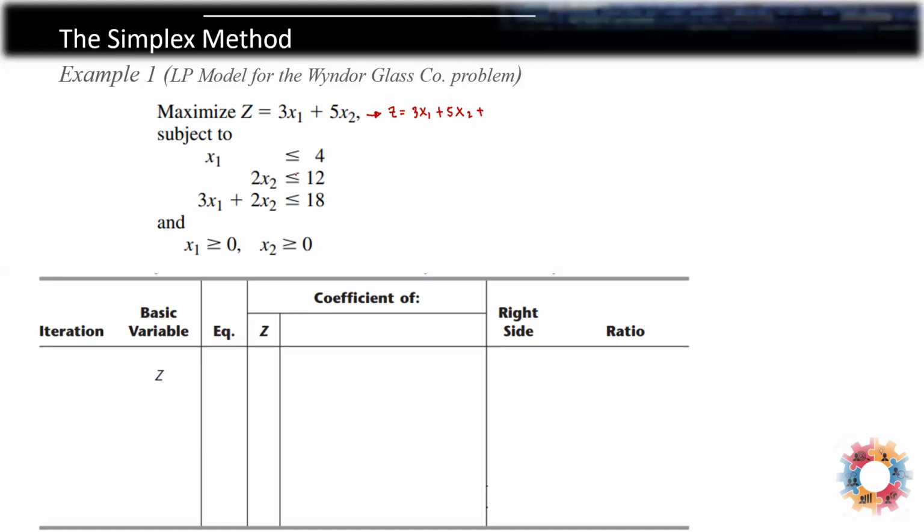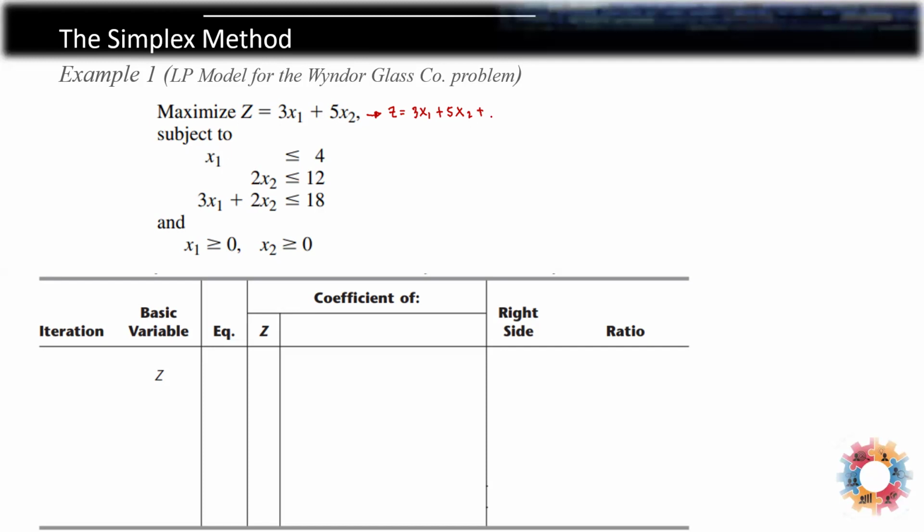These are less than or equal to type. So to do that, we're going to add a variable to the left-hand side. Now, there are 3 equations. That's why we will be needing 3 slack variables, namely S1, S2, and S3.